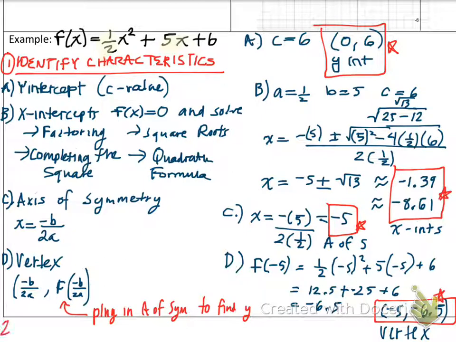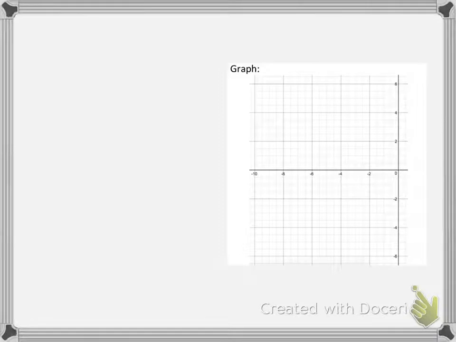So the second step, the final step, is just to plot the points that we just found and to sketch the curve. I'm going to go on to the next slide, which is a close-up of the graph, but you will just use the graph directly above on the worksheet. I'm just going to quickly transcribe our key values of y-intercept, x-intercept, axis of symmetry, and vertex.